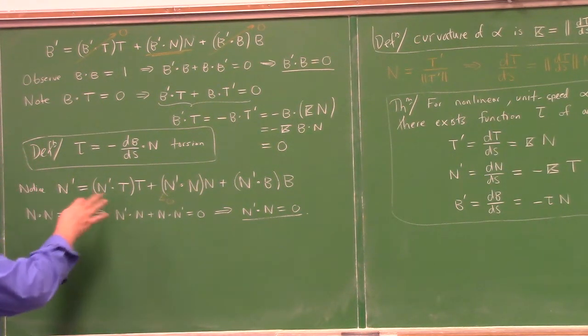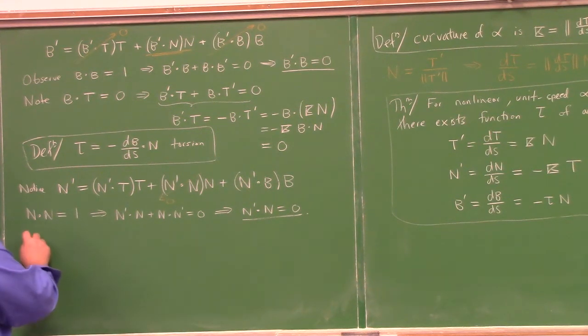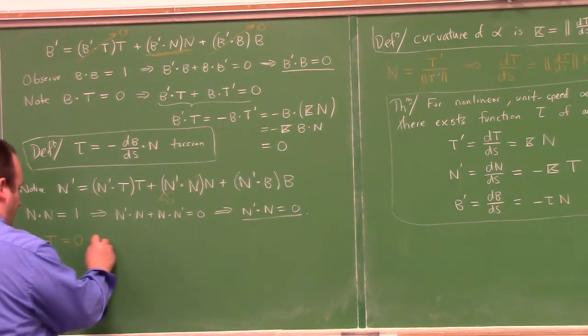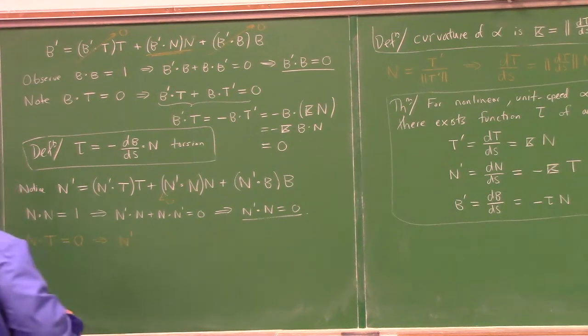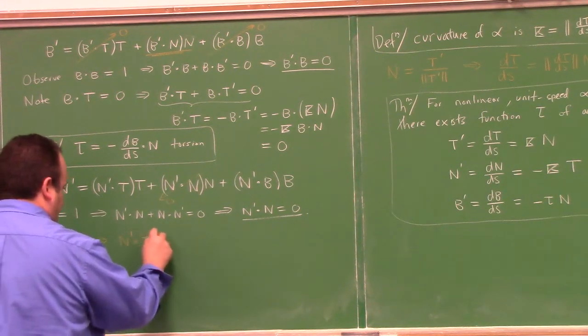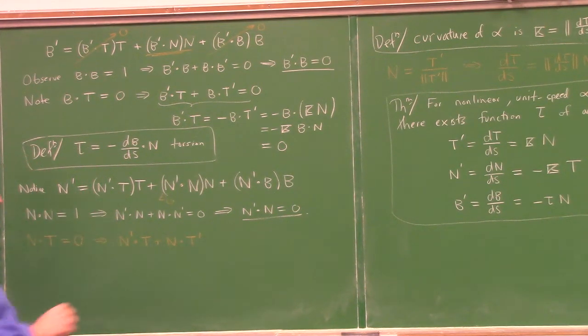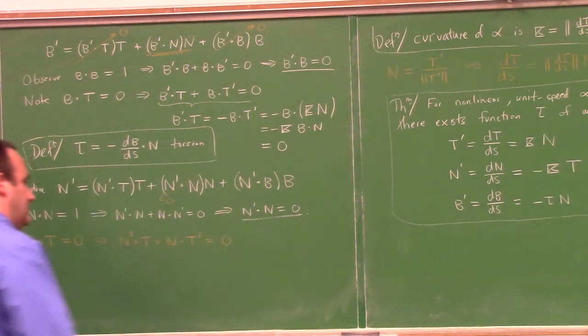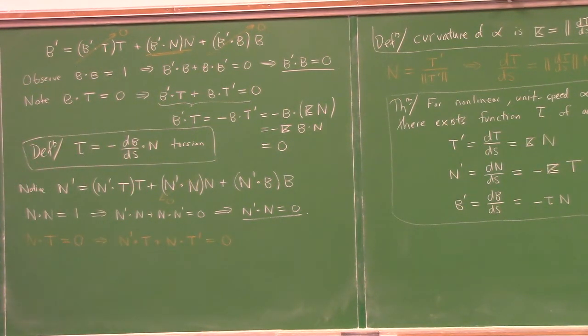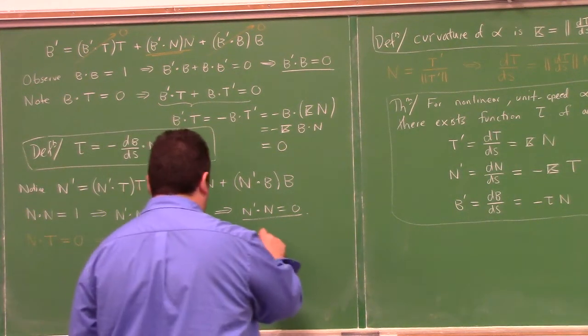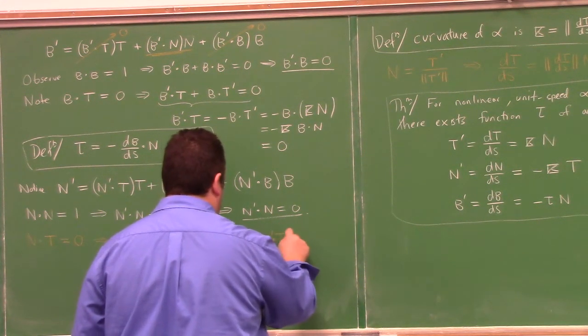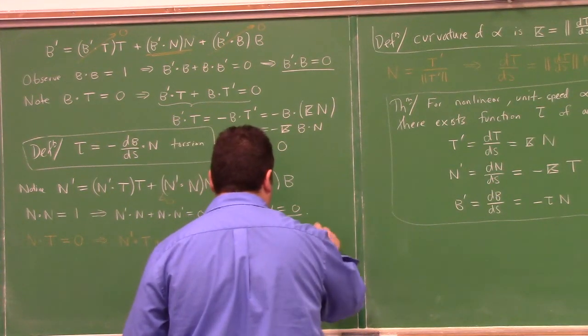And let's see here, how about the other pieces? Well, we know that n dot t equals 0, right? Differentiate that, what happens? N prime dot t plus n dot t prime equals 0, right? So what's that tell me? That tells me that n prime dot t is equal to minus n dot t prime.